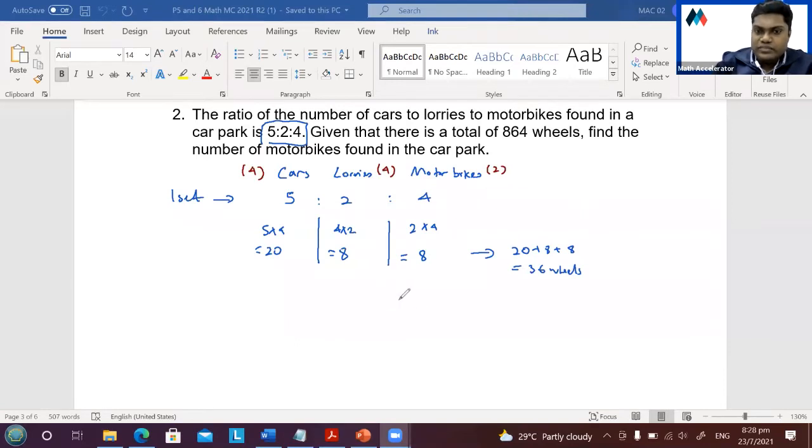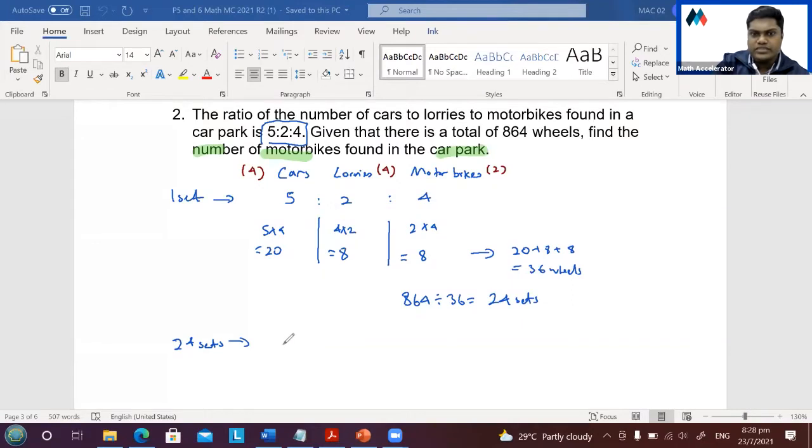So to find number of sets, you just take 864 wheels and you divide by 36. You'll get 24 sets. So one set got 5, 2, 4. So 24 sets. They're asking for find the number of motorbikes in the car park.